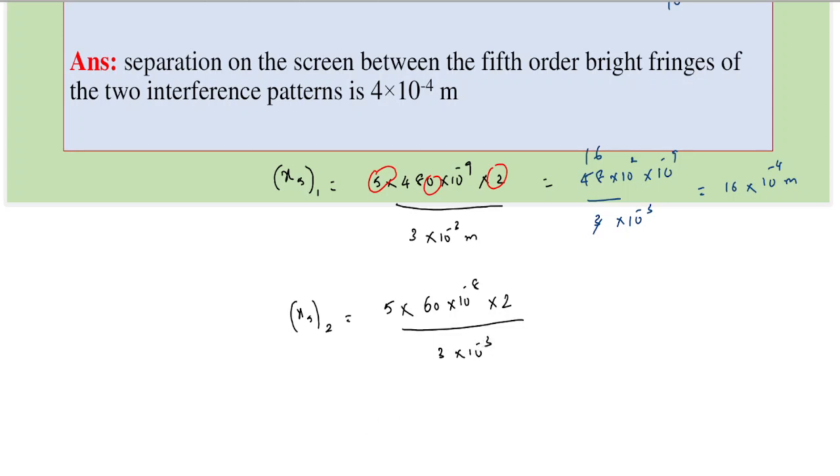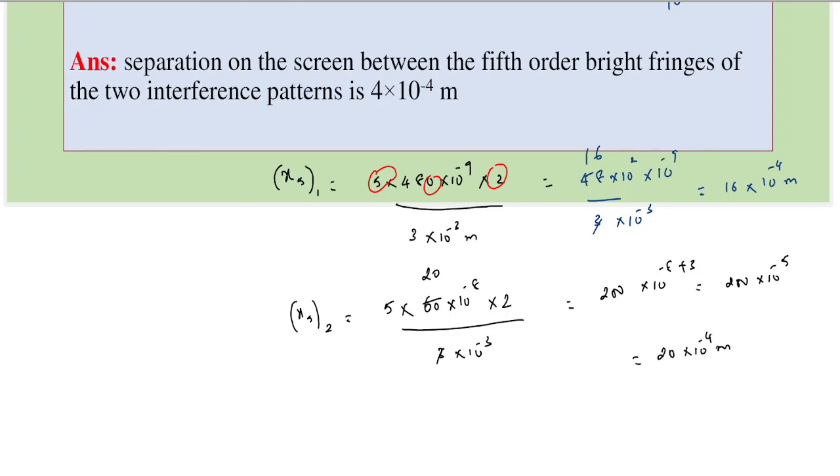It's very easy from here that it's 1s are, it's 20s are. So 20 into 2 would be 40, this will be 200. 200 into 10 power minus 8 plus 3, that is 200 into 10 power minus 5 is equal to 20 into 10 power minus 4 meter.